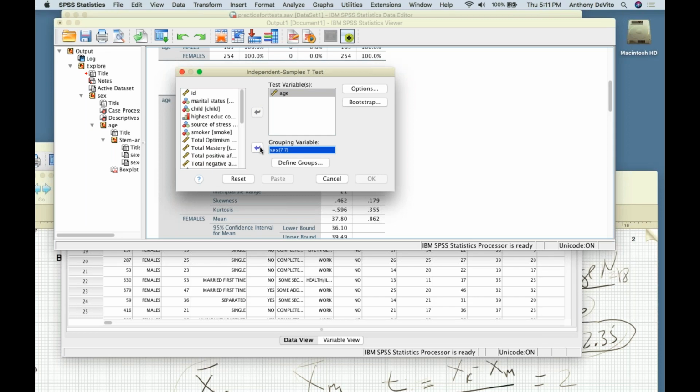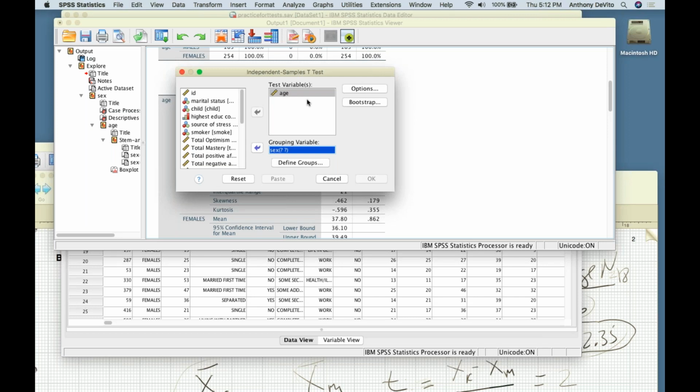You might be interested in comparing the average age of married people, single people, divorced people, or separated people, and so on. T-tests only compare two means at a time, and because you might have a lot of different values for this variable, in gender, in this case, we only have male and female in this data set.